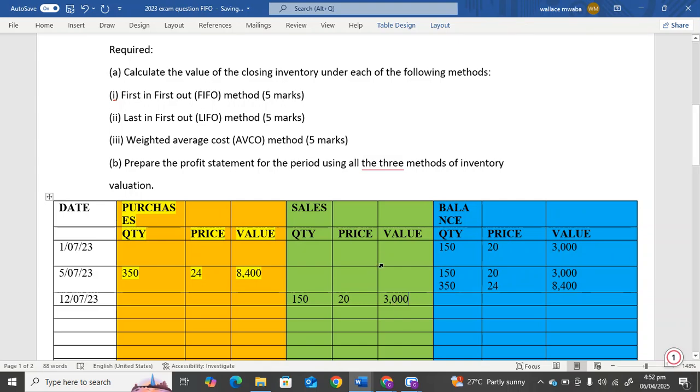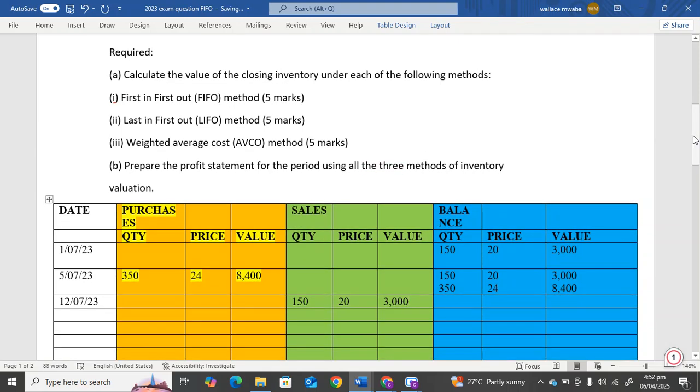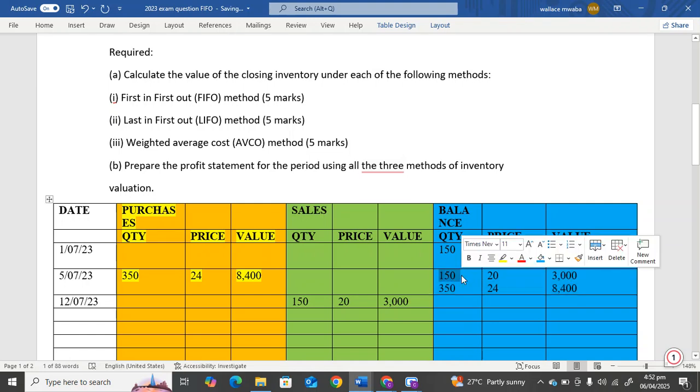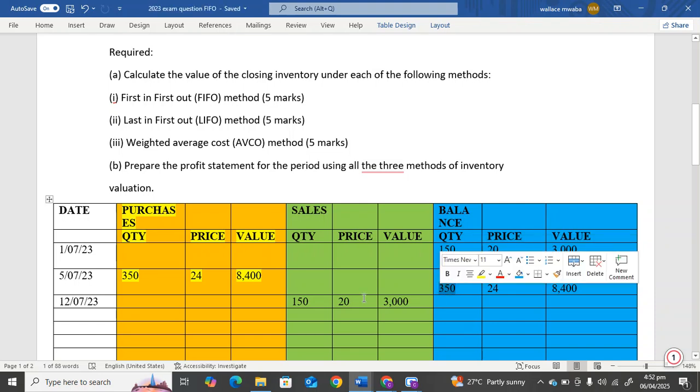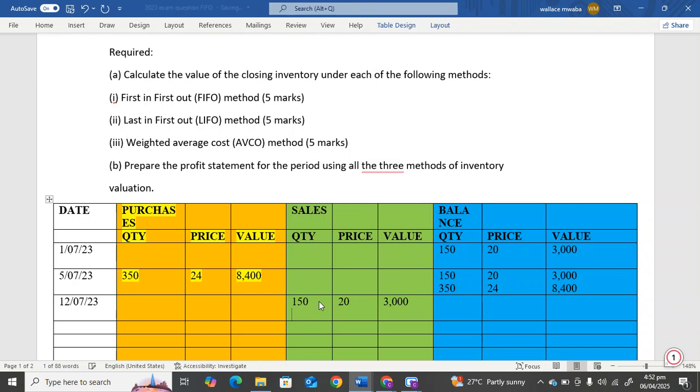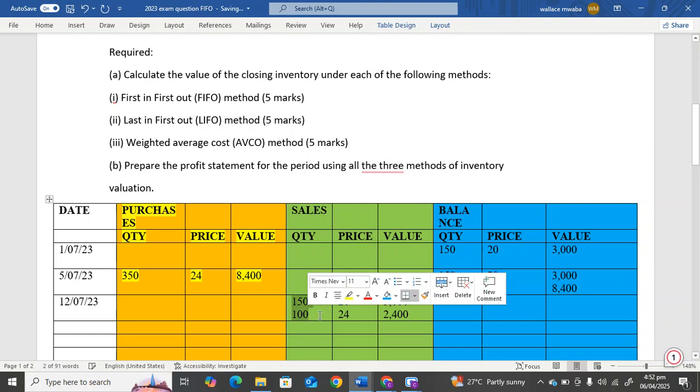Remember, we have sold 250 units. The first 150 come out from this batch, then the remaining 100 units come out from this batch of 350. So you get 100 units at 24 kwacha, which is 2,400. In total, you've sold 250 goods.